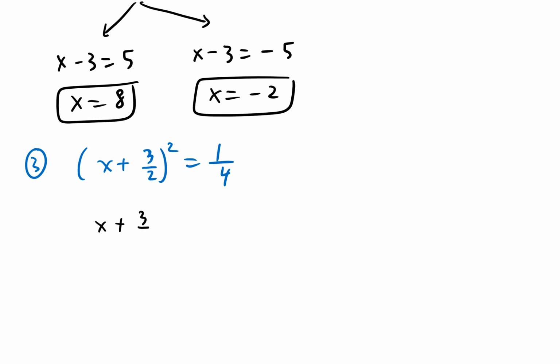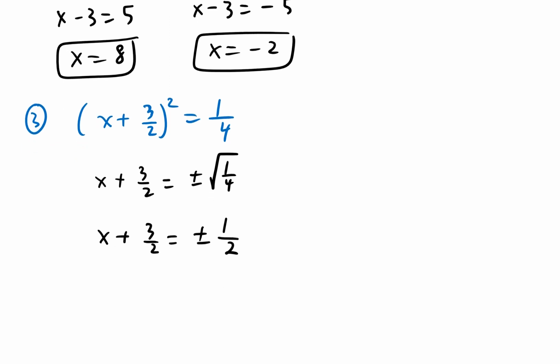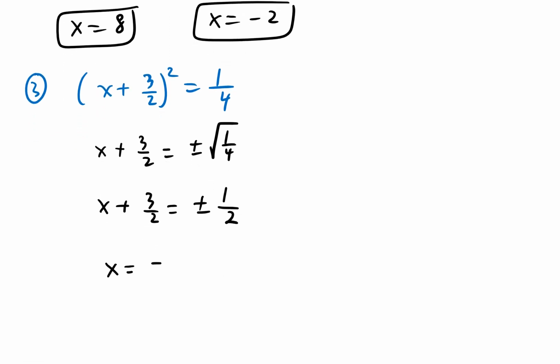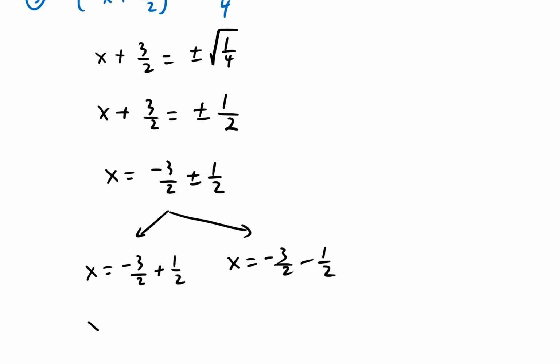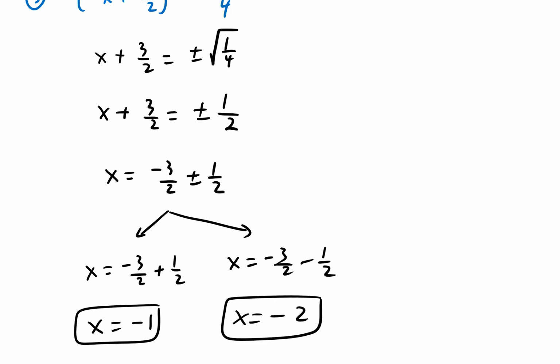So this means x plus 3 halves is plus or minus the square root of 1/4. x plus 3 halves is plus or minus 1/2. So then subtract 3 halves on both sides. This gives us x equals negative 3 halves plus 1/2, or x equals negative 3 halves minus 1/2. So x would be negative 1, or x would be negative 2 if we combine them.